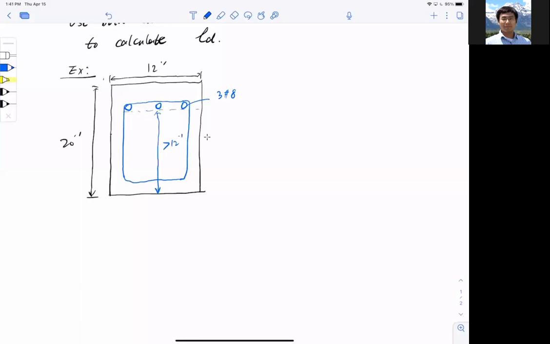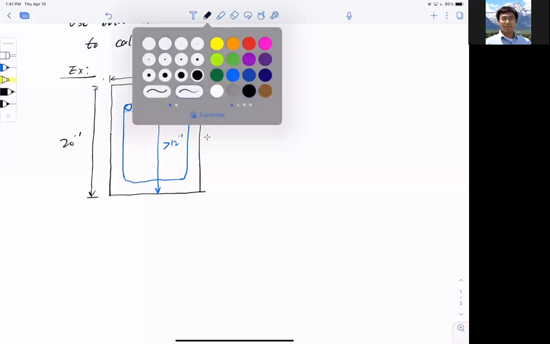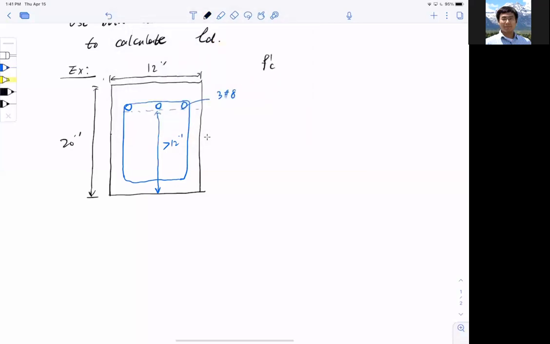Let me give you some properties. The concrete is 4 ksi, and the yield strength for the bars is 60 ksi, and the psi factor is immediately 1.3 because I have 12 inches underneath. I give that to you already.